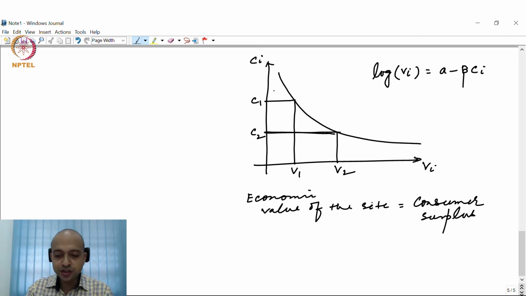So this area is the surplus for visitor 1. Similarly, visitor 2 is paying C2, but visitor 2 must have a willingness to spend which is more than C2.